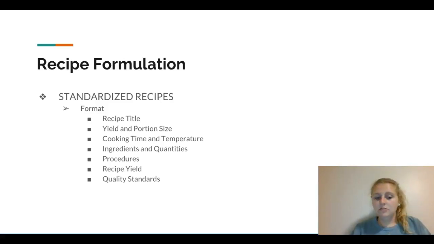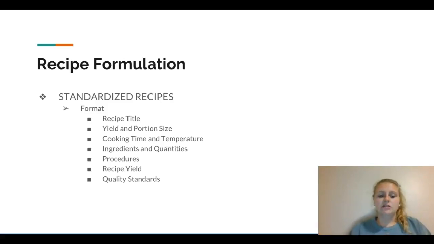Next we have recipe yield, which tells the chef or whoever is looking at the recipe how many people it can serve. This is important because a lot of times organizations can increase or decrease that by certain procedures or methods, especially if you want a certain thing to go a lot longer than the known yield.